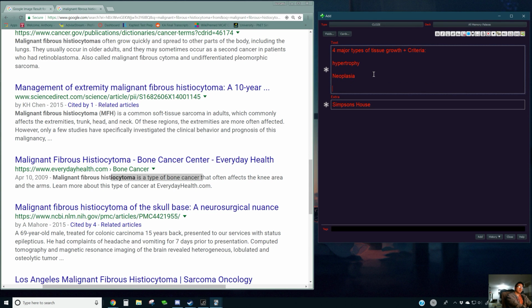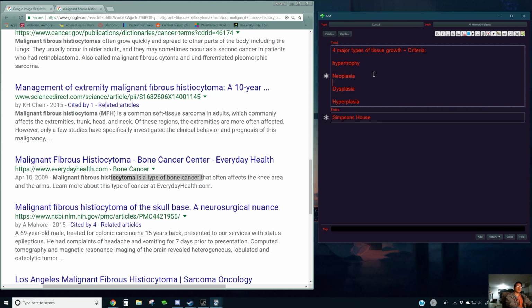Hypertrophy, neoplasia, dysplasia, hyperplasia. Okay, so hypertrophy, organized plus larger cell. Next one, neoplasia, increase in cell numbers plus disorganized. Next one, disorganized plus, oh, that's it, that's disorganized. Increase in cell numbers plus organized.